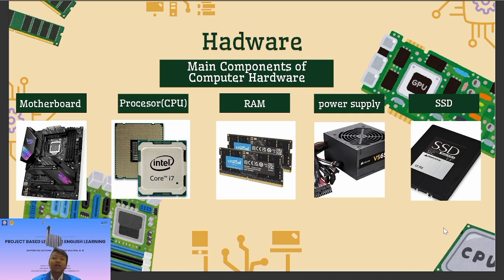Okay, the first is the motherboard, which functions as a connector between computer hardware components such as the CPU, RAM, and SSD. It unites all components so they can work in a connected manner.